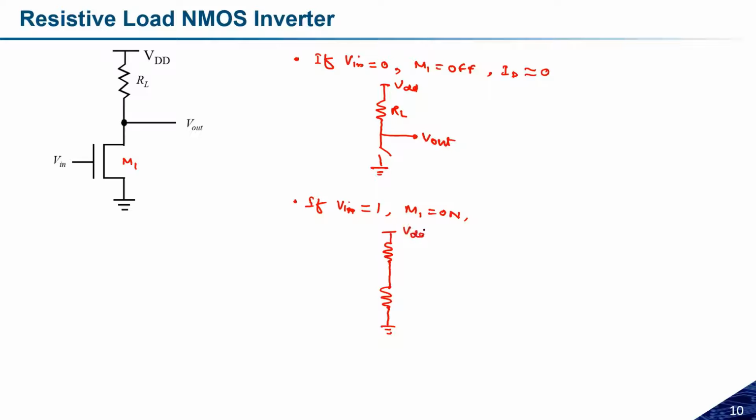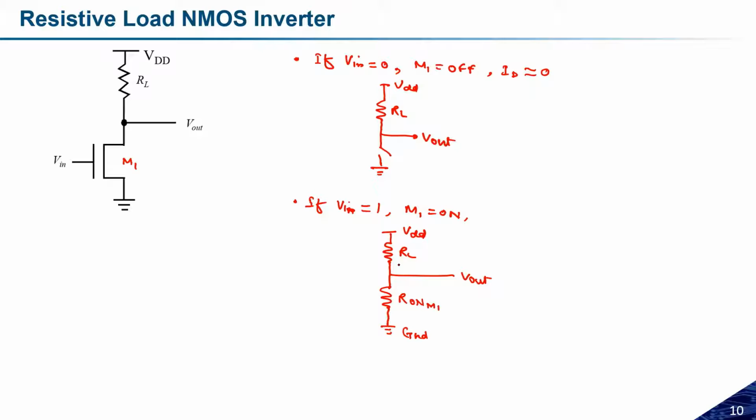This is the VDD, this is the ground, and here we are taking the output. This is the load resistance, and this is the Ron of M1.